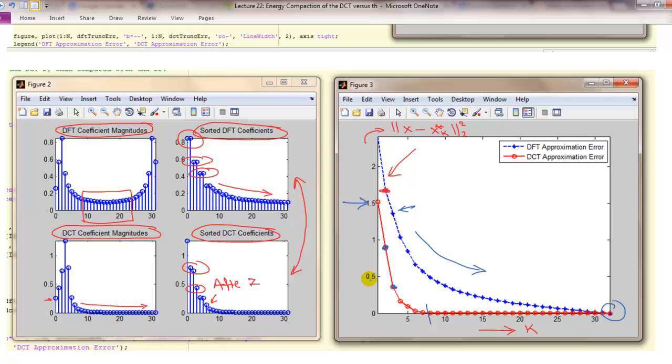Or if you used DFT, you would still have to store 32 numbers because the error is very large till you get k almost equal to 31 and 32. So that's a demonstration of the power of discrete cosine transform.